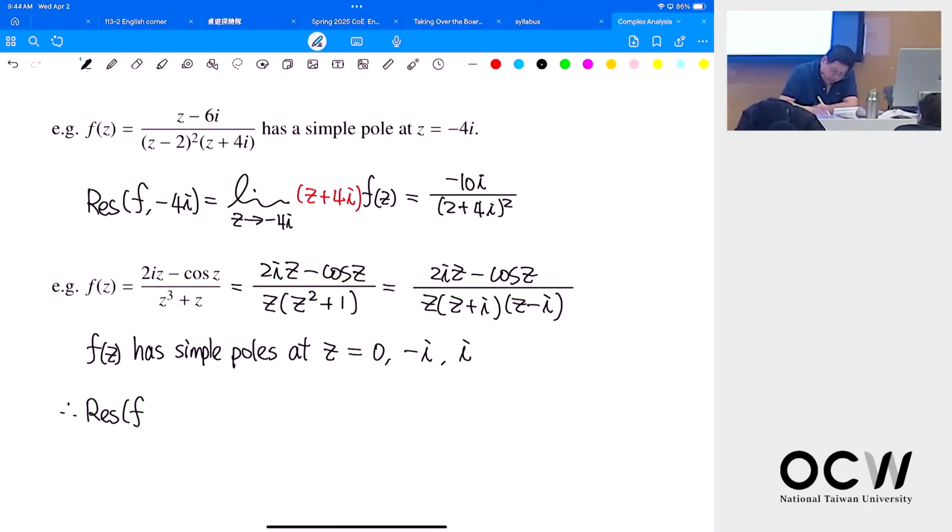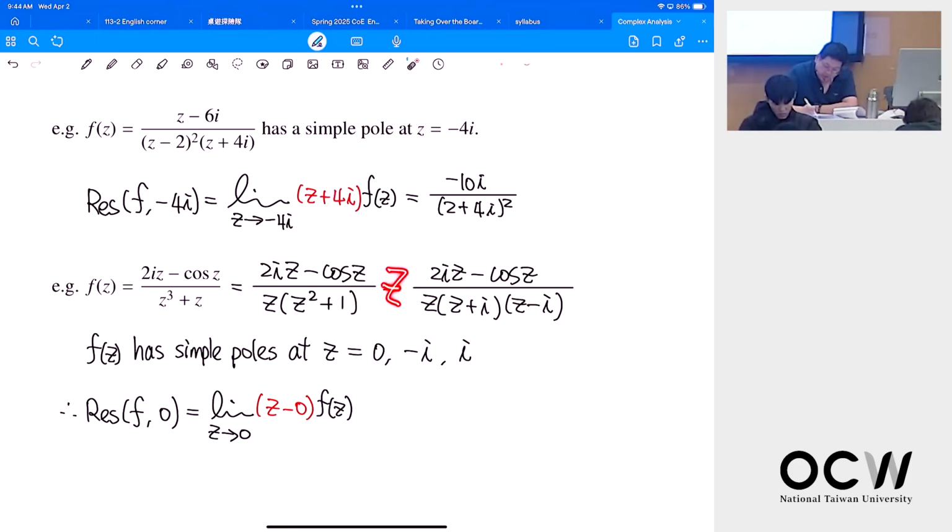I have a function, and at 0 we take the limit as z goes to 0 of z minus 0, which is z, times f of z. If I multiply by z, they cancel, and you plug in z equals 0 and get minus cosine 0 divided by 1. So that's minus 1.